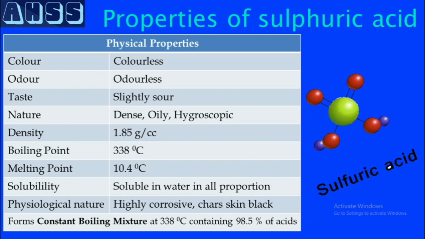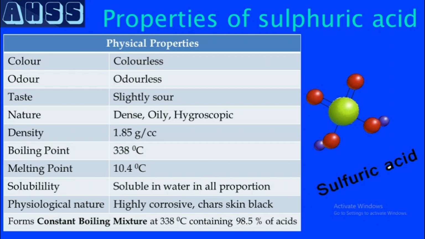As it is hygroscopic, it absorbs moisture, so sulfuric acid should always be kept stoppered. The density of pure sulfuric acid is 1.85 gram per cubic centimeter. Its boiling point is 338 degrees Celsius and melting point is 10.4 degrees Celsius.